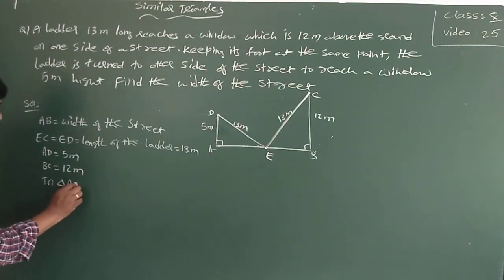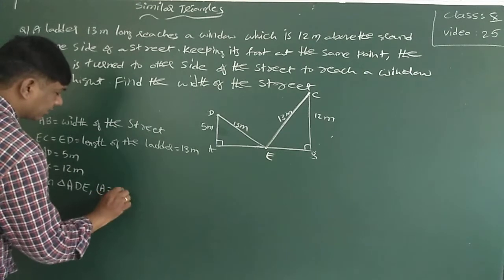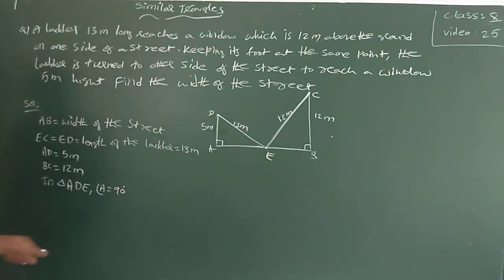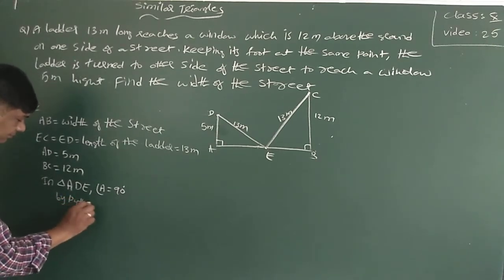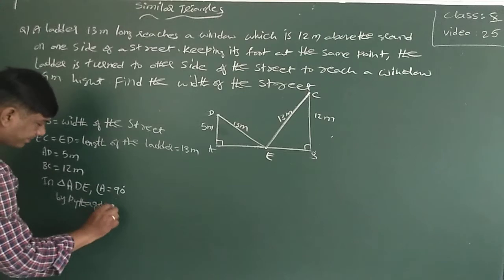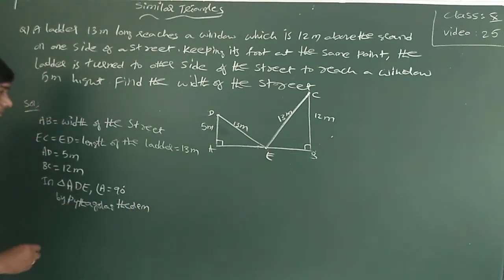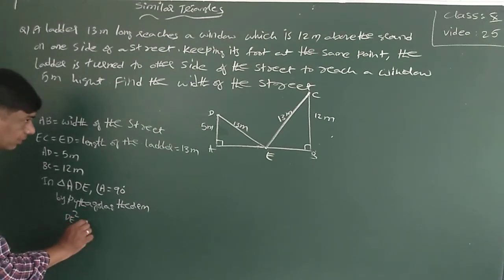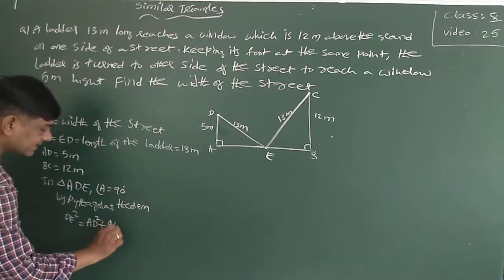Now in triangle ADE, angle A is equal to 90 degrees because the wall is perpendicular with respect to the ground. By Pythagoras theorem, DE square is equal to AD square plus AE square.